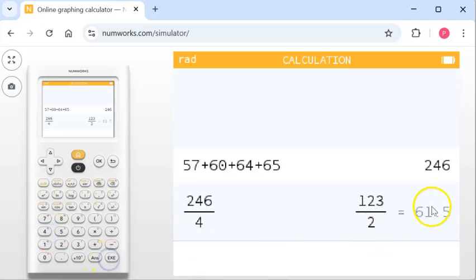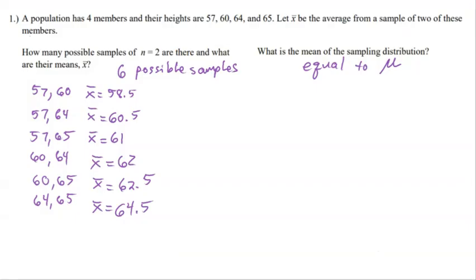And that's going to give us 61.5. So that's it. Since mu is 61.5, then the mean of the sampling distribution is also 61.5. If you were to add up these 6 and divide by 6, you would get 61.5.